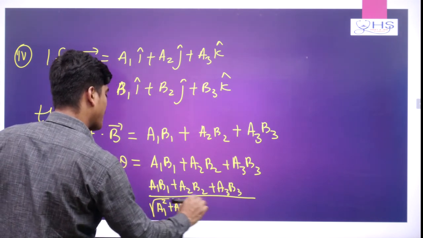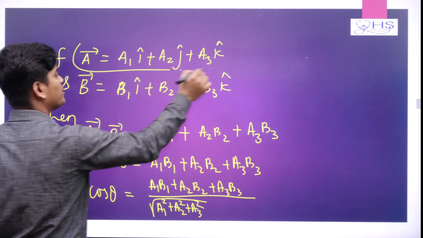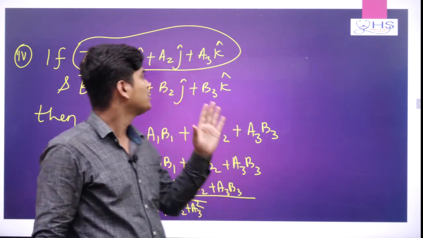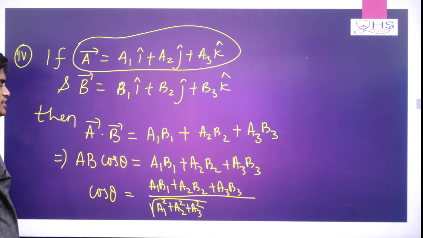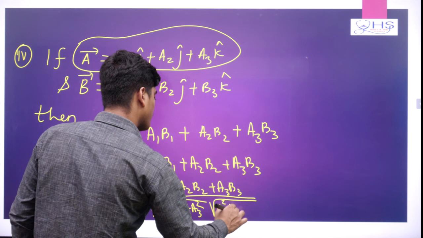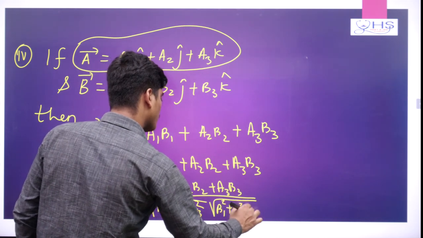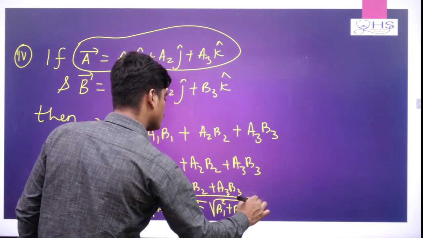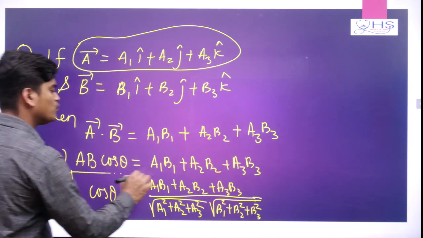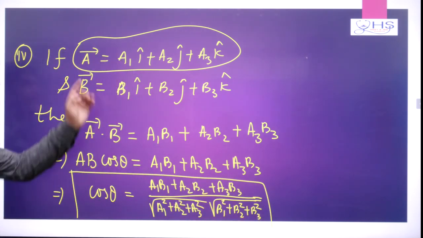If a is given in component form, in the first lecture we completed how to find the magnitude of a, that is root under a1 square plus a2 square plus a3 square. Similarly for b, root under b1 square plus b2 square plus b3 square. In this way you can find the angle between two vectors if a and b are given in component form.